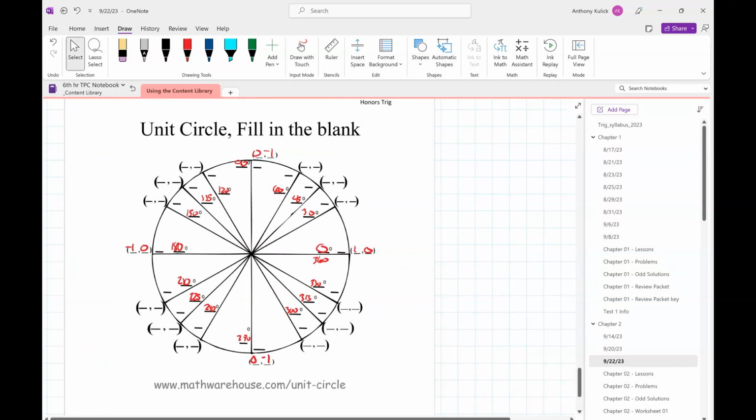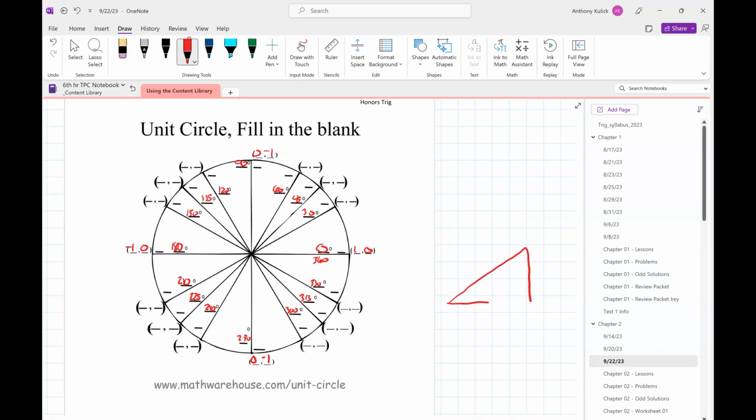And now let's do, say, the 30 degree. So if I draw my 30, 60, 90 triangle, A has to be, in this case, 1/2 in order to make R equal to 1, right?